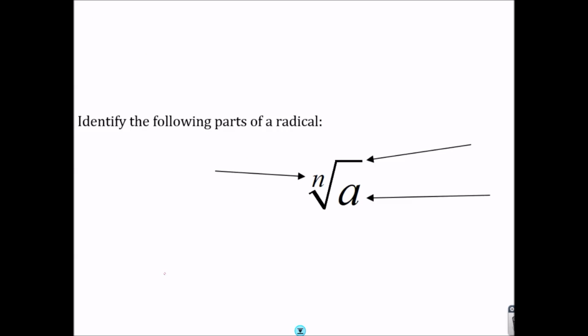First, let's take a look at a radical and identify the parts. This symbol is called a radical. The number or variables inside the radical are called the radicand.